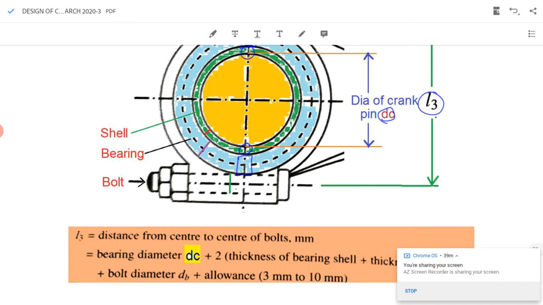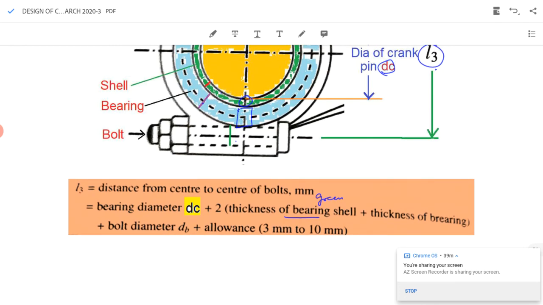Thickness of the bearing shell is given in green. Then the thickness of the bearing is shown in light blue color. Then bolt dia plus some allowance. Okay, we will get that value. We can take these two values all together as about 3 to 4 mm.